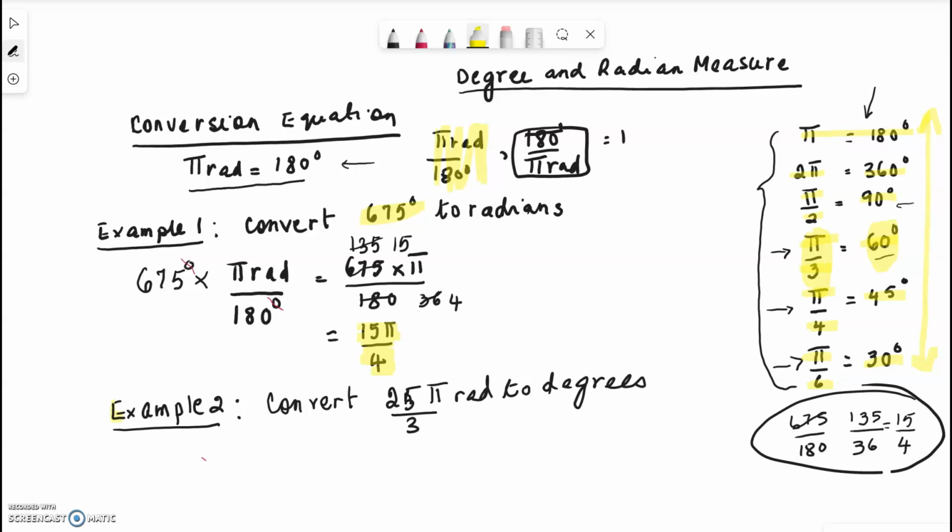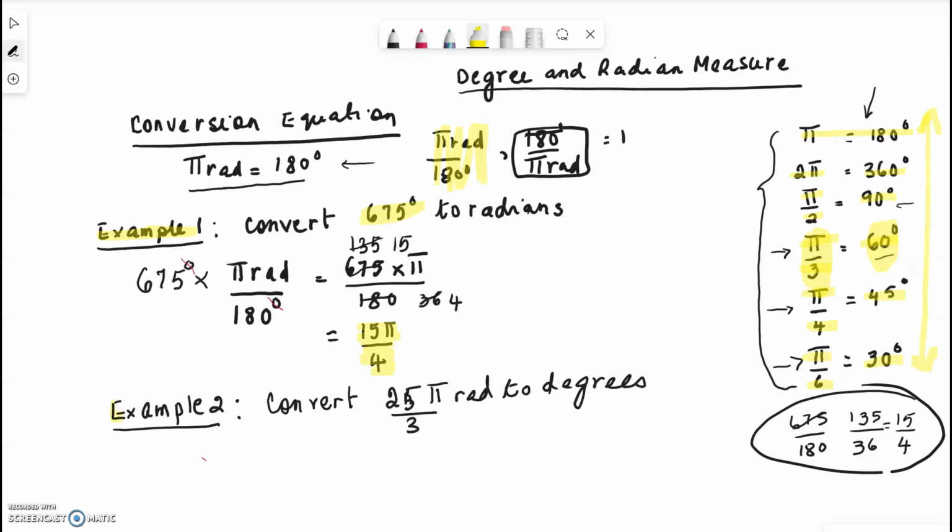So let's look at the first example. Example 1: convert 675 degrees to radians. Remember the conversion equation, pi radians is equal to 180 degrees. Now we are using dimensional analysis. Pi over 180 or 180 over pi, both are equal to 1.